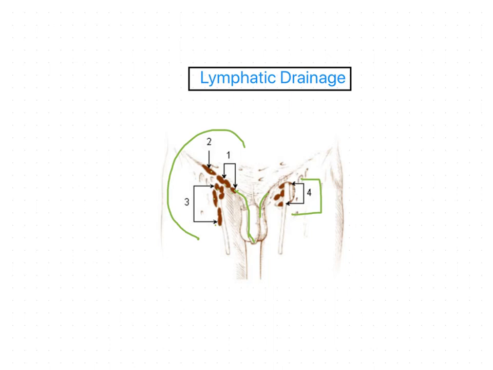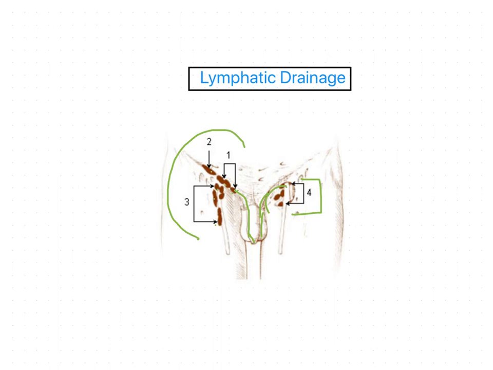Okay, and coming to the deep set, from the glans at the sides of the frenulum. That means frenulum is present on this underside. It runs backward on the dorsolateral sides of the penis to reach the deep inguinal nodes. These are the deep inguinal nodes.